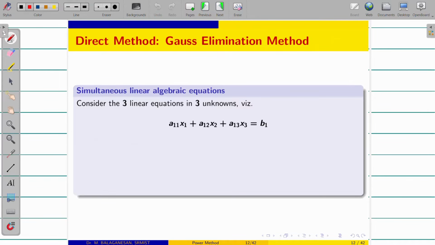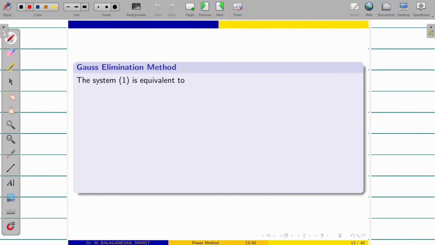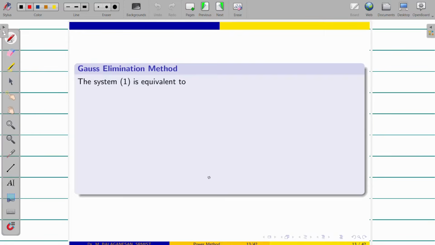Consider the system of simultaneous equations. Here I have considered three unknowns: a11 x1 plus a12 x2 plus a13 x3 equals b1, and similarly for the other two equations. You know very well that aij and bi are known constants, and xi are unknowns. Now this system of equations can be written in matrix form.